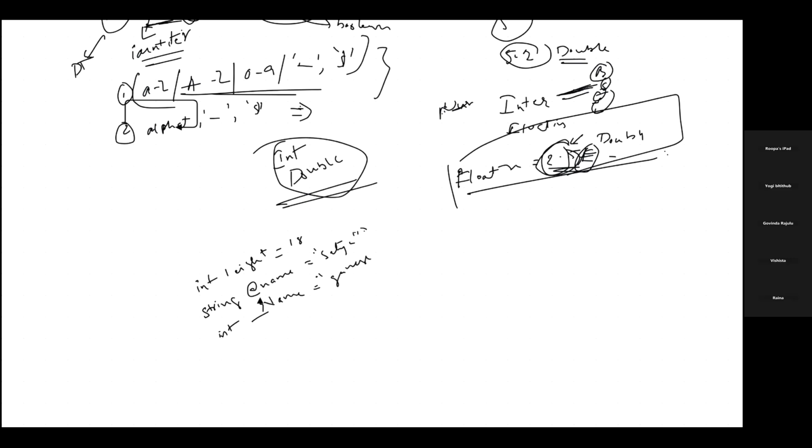Out of these three, how many are valid? I believe you understand. The one that starts with a number is not valid because an identifier can't start with a number. I'm just naming them one to three. Can anyone say how many are correct out of these three?